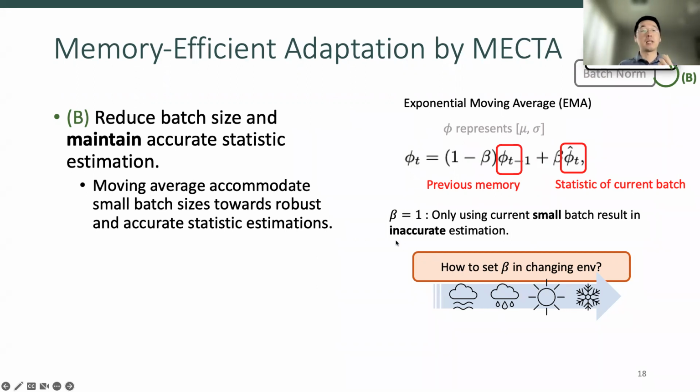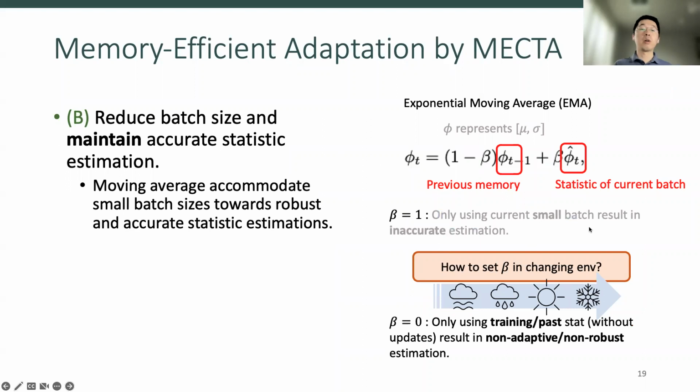If we simply set beta equal to 1, this will degrade to using the current batch, which, as we know, is inaccurate. This is not what we want. Also, if we set beta equal to 0, this will be a problem, because we only use the previous memory, or the training statistics, and the training is done on totally clean data, so these statistics are very inaccurate for a changing environment with different data distributions.